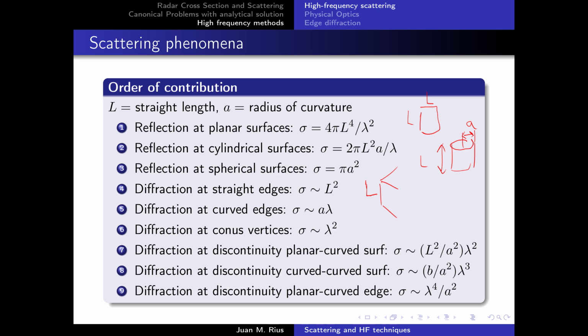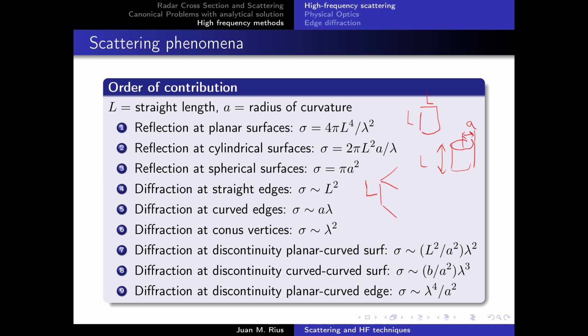Well, here I finish this class on the general idea of high frequency methods and the main scattering phenomena in high frequency, and the next class will be dedicated to physical optics. That is the main scattering phenomena, because with physical optics you can compute the reflection at any surface, so effects 1, 2, and 3, reflection at planar, cylindrical, and spherical surfaces, is accurately accounted for with physical optics.